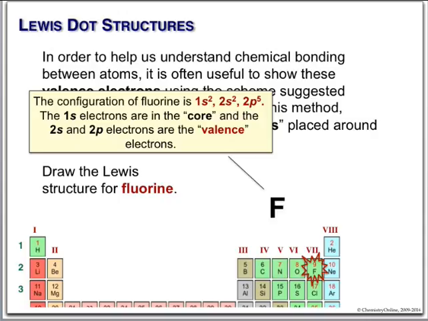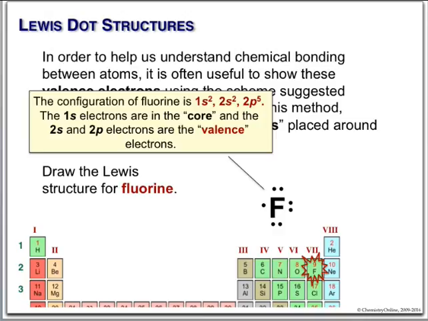Start off with our F. Step 1, we put 4 electrons around one at a time. We have 3 more to add, don't we? So we do these, and we pair them up.